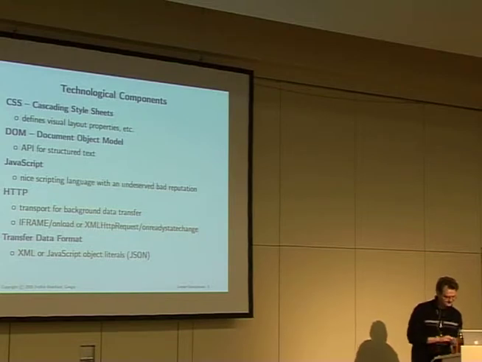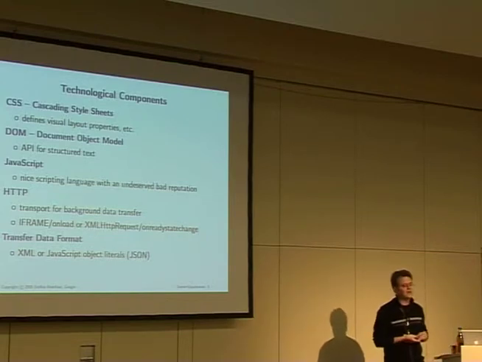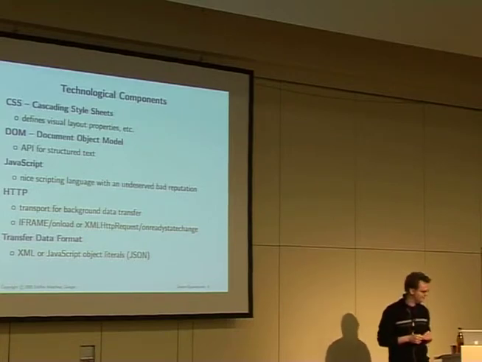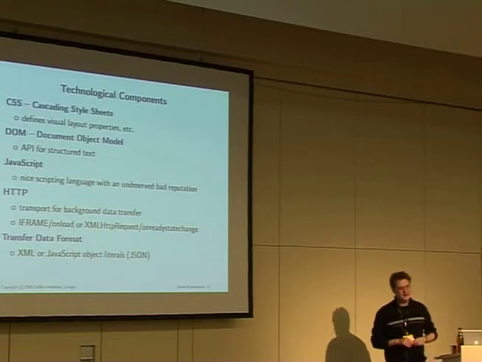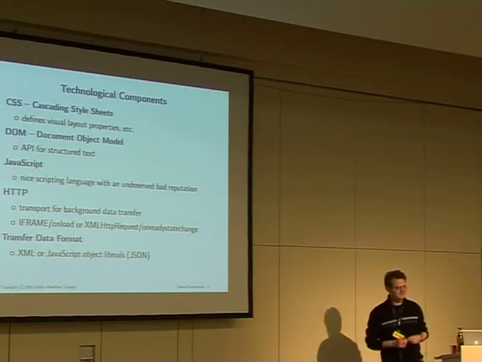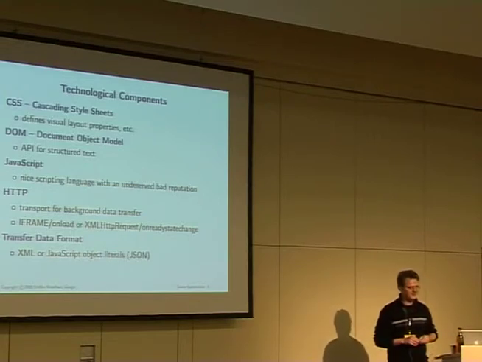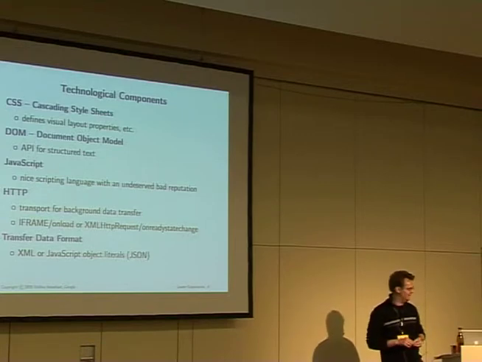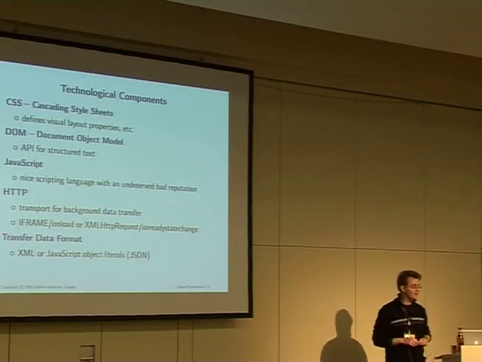The next technology is JavaScript. So that's the programming language. And this programming language has been widely ridiculed for certain of its properties, particularly for its name. And it also has the bad reputation of being a silly language and not really respectable and all that, which it turns out it isn't.